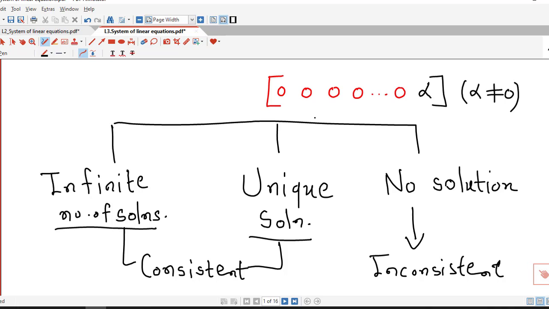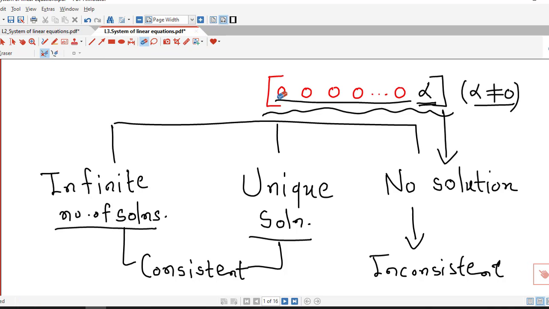So keep in mind, if in the row echelon form of augmented matrix we obtain a row of this form, then we can say that system has no solution.